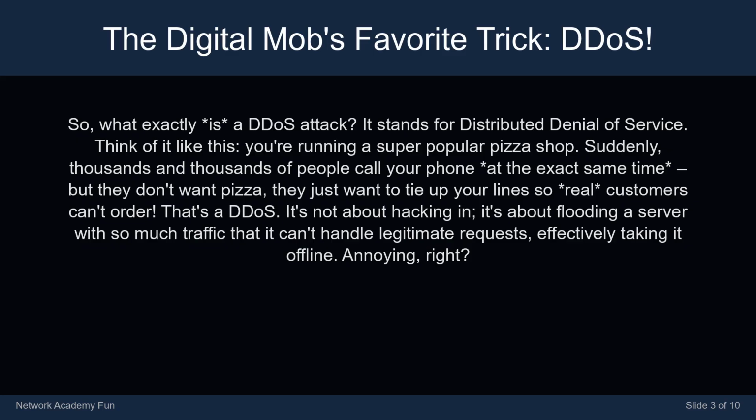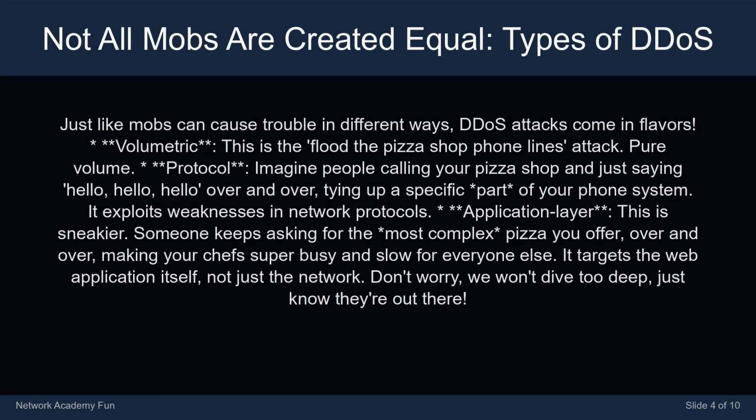Annoying, right? Just like mobs can cause trouble in different ways, DDoS attacks come in flavors. Volumetric. This is the flood the pizza shop phone lines attack. Pure volume. Protocol. Imagine people calling your pizza shop and just saying, hello, hello, hello, over and over, tying up a specific part of your phone system.